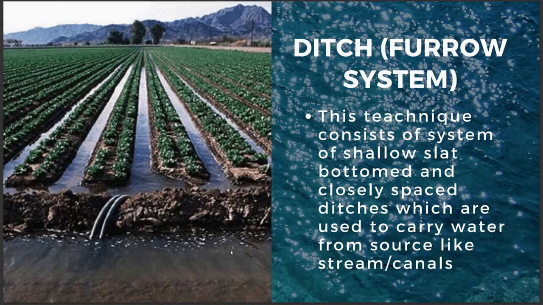So dito sa ditch irrigation, bale yung tubig no pinaka-flow dito along these canals, and then meron lang tayong tubo that absorbs water from this point towards the farm, and ito na yung mga ditches no na yan na yung nagsusupply ng tubig.